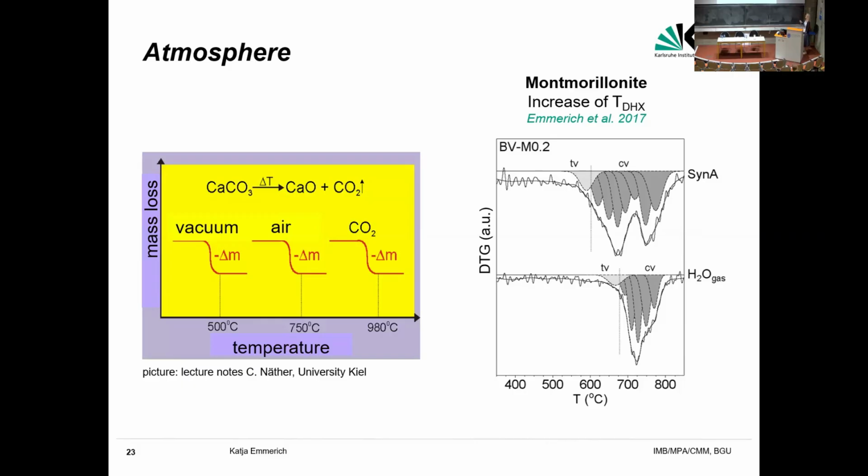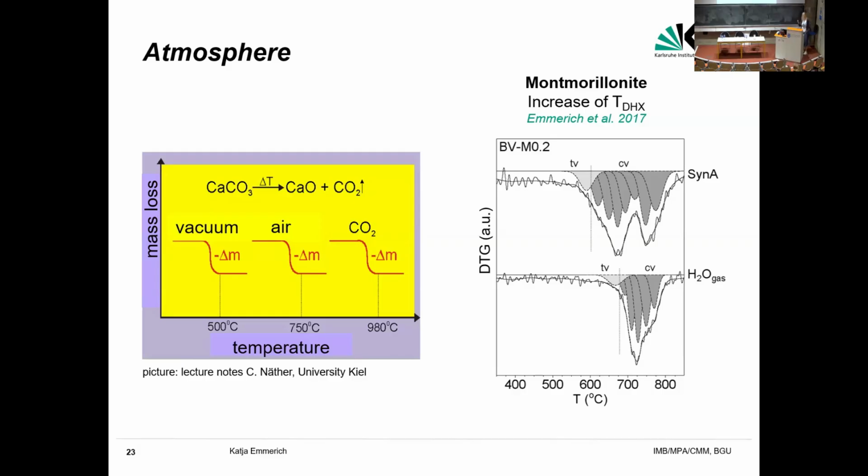And the same is valid, for instance, for the dehydroxylation or the dehydration of a clay mineral in an atmosphere that contains water. The curves you see here are DTG curves of the dehydroxylation of montmorillonite. The upper measurement was performed in synthetic air.